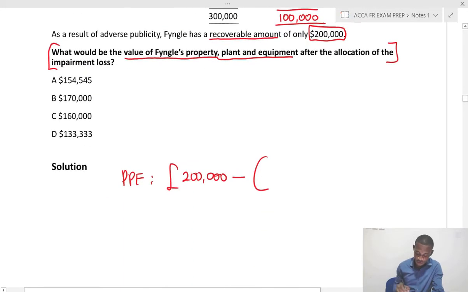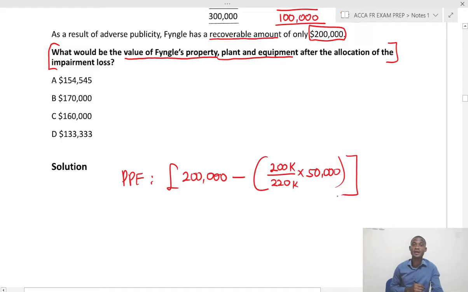So the proportion would be 200 over 220 times, this is 200,000, please take note, times the remaining impairment loss. So the 200 divided by 220, which is on a pro rata basis, times 50,000, would give us 45,454.